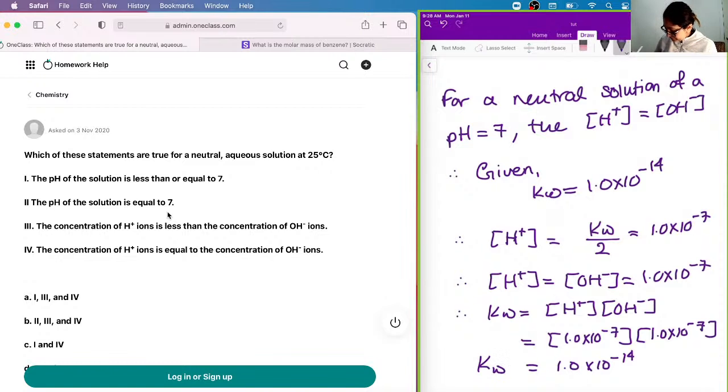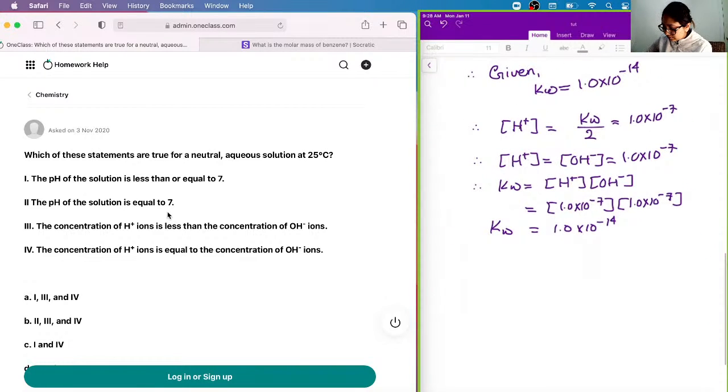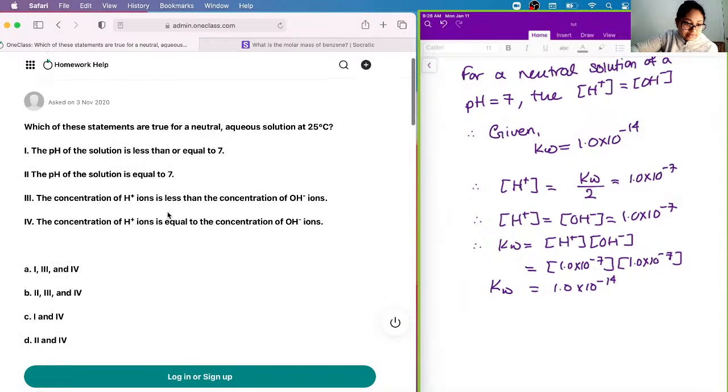Right? And so basically, this is how you can prove that a neutral compound will have a pH of 7 and that your hydrogen ions and your hydroxide ions concentration would be equal. Okay? And so from the statements below, we can say that number 2 and number 4 are correct. So therefore, the answer is D.